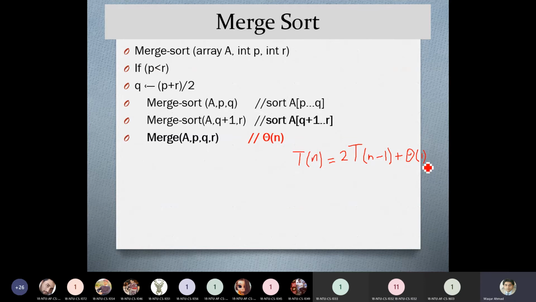Okay, how many recursive calls do we have here? 2. And how much n is passed to each recursive call? N minus 1, good. And what is the time other than recursion?